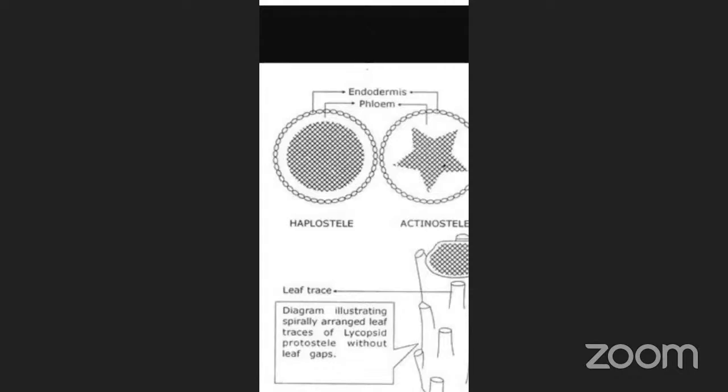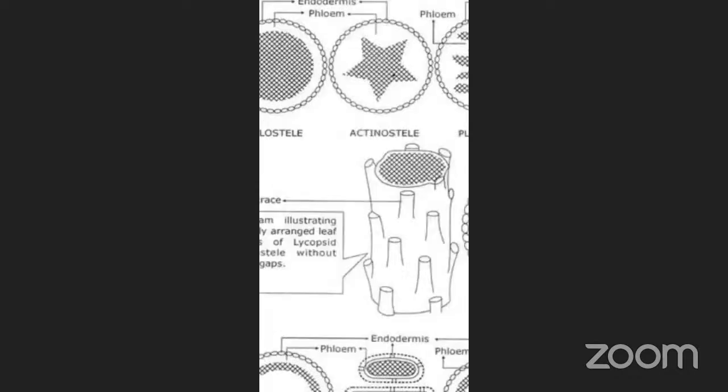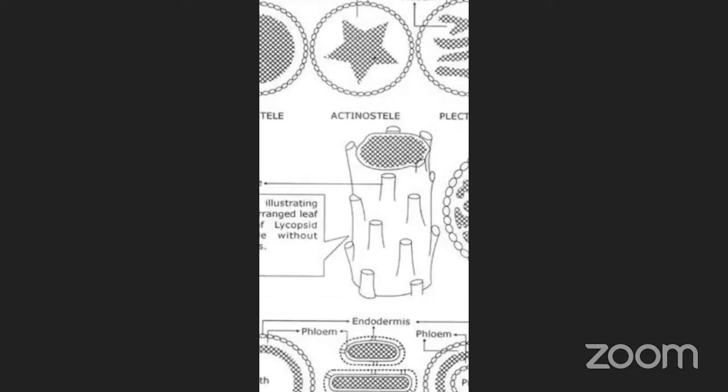In this form, the leaf trace is a simple single vascular strand that splits from the protostele. The leaf trace leaves the central cylinder.